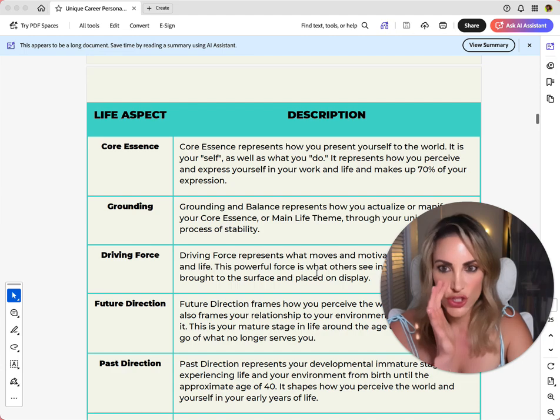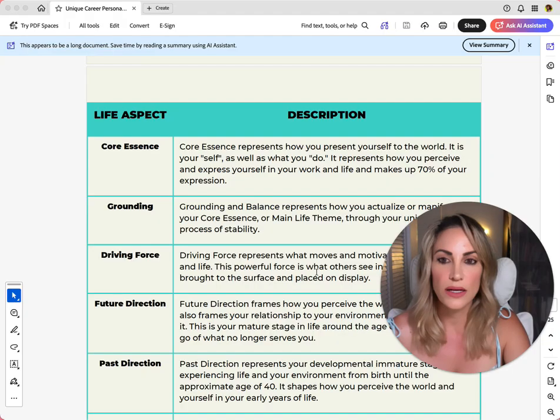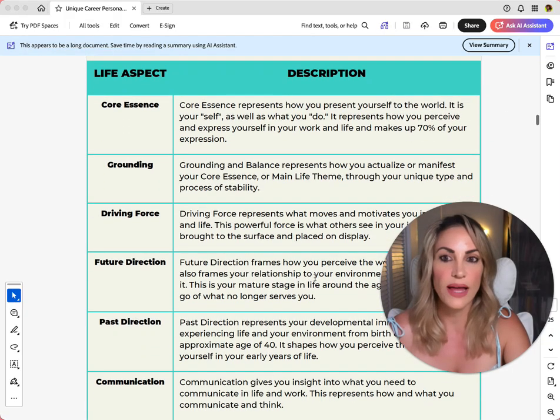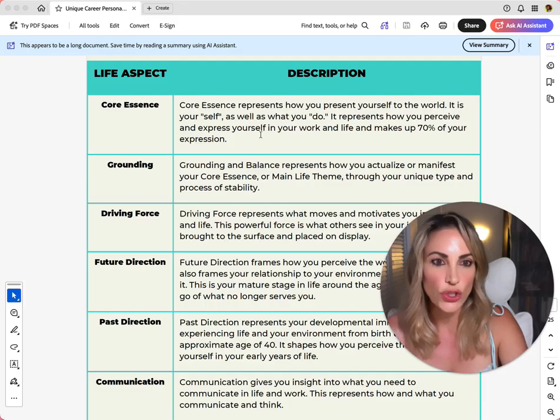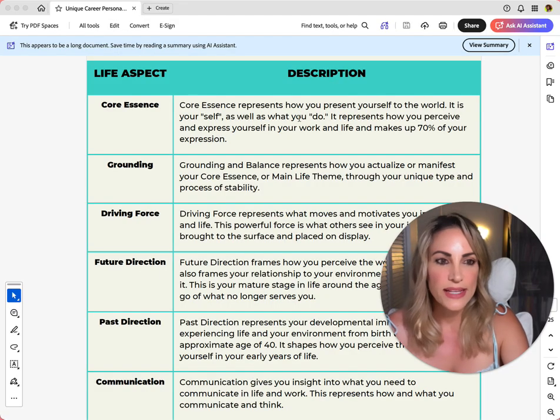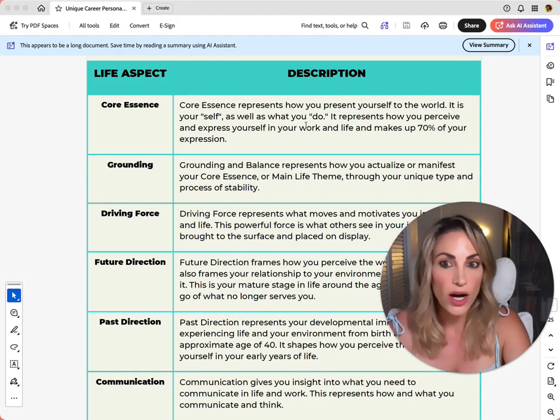And then in this chart, what you're looking at is, what do these life aspects mean? So for example, with your core essence, essentially 70% of who you are is in your core essence.